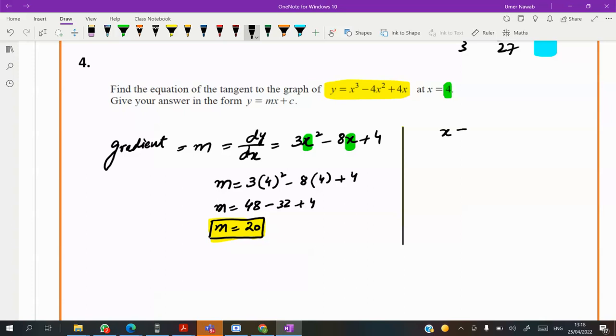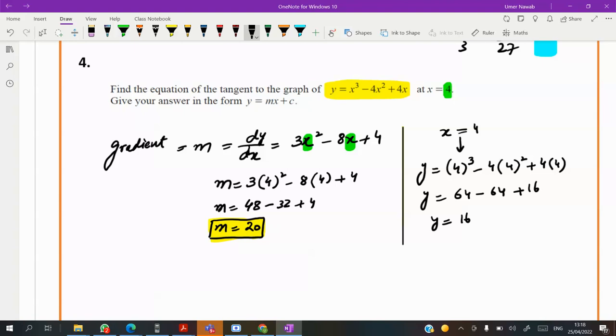So x equals 4 will be substituted into the original equation: 4 to the power 3 minus 4 squared plus 4 times 4. So y is equal to 64 minus 64 plus 16, which gives me 16, or you can get the answer directly from the calculator. So y equals 16.